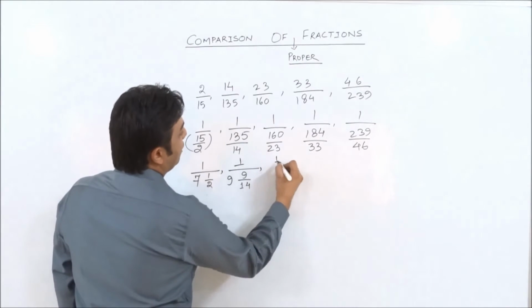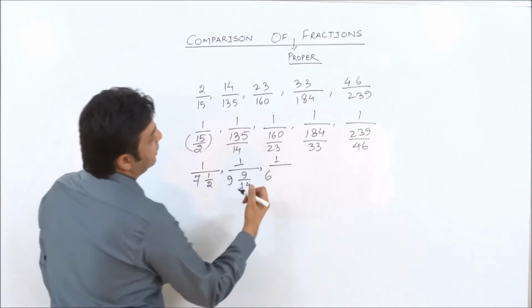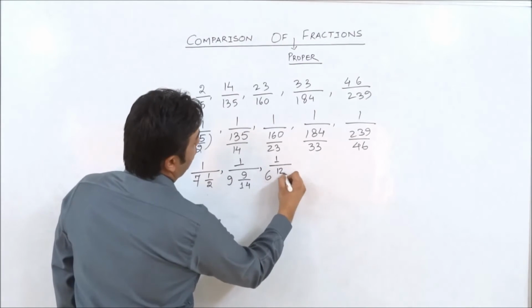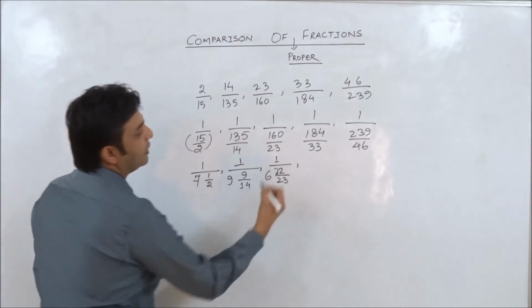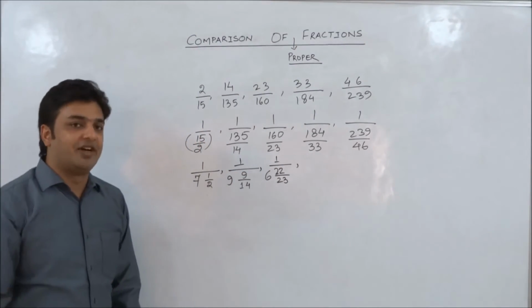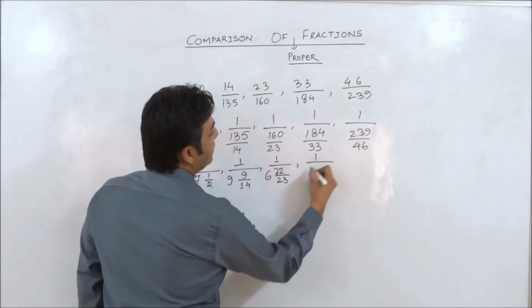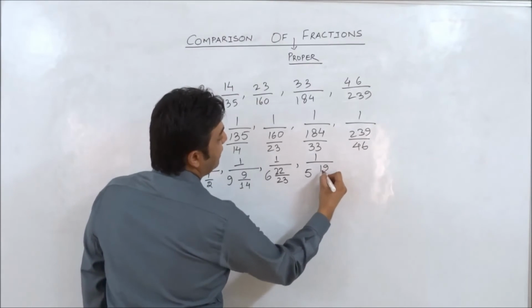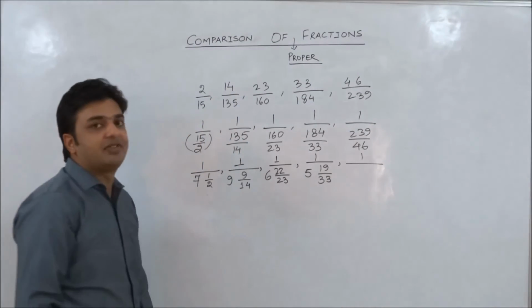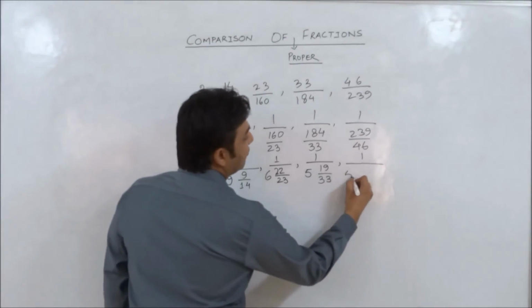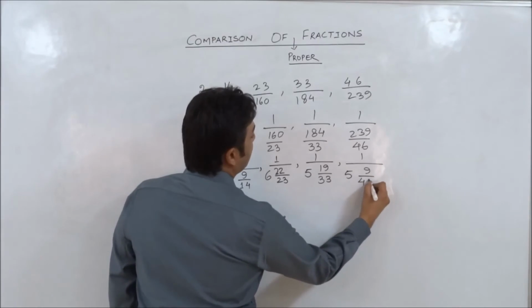This is going to be 6, 22 by 23. 33 5s is 165. So this will be 5, 19 by 33. And 46 5s is 230. So this is going to be 5, 9 by 46.